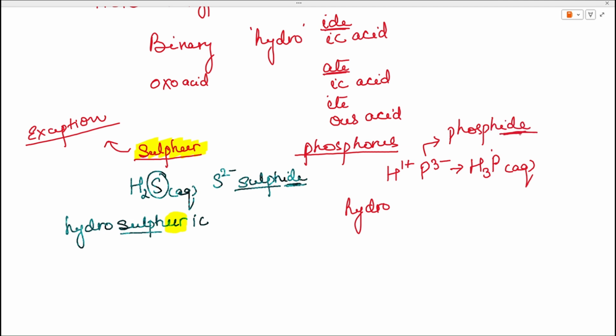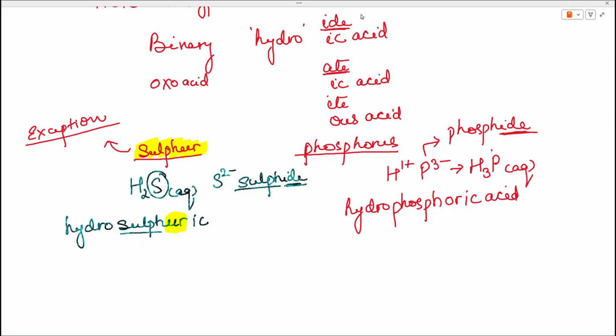So this ide has to be replaced with ic, but we have to again add something additional. So hydrophos, this much is okay. And then I'm going to be adding ic acid.